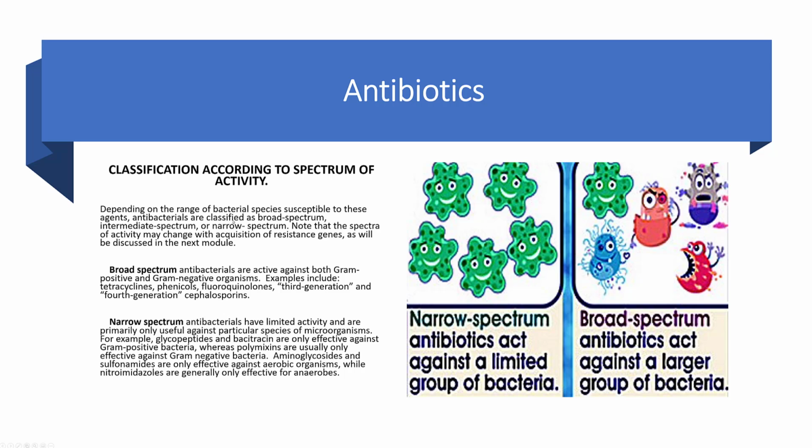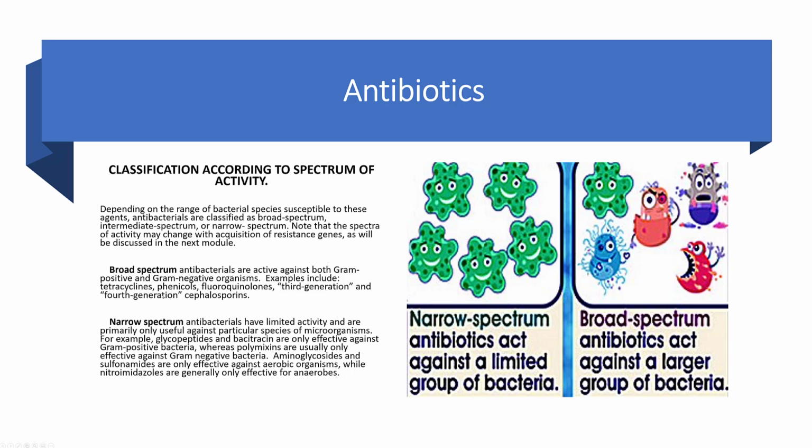Classification according to spectrum of activity, and you'll hear this a lot. First thing we want to do is gram stain in a diagnostic lab, and that gives the physician a tool to say, okay, we're going to start with a broad spectrum antibiotic based on the fact that we know what the gram stain is of what we think the pathogen is.